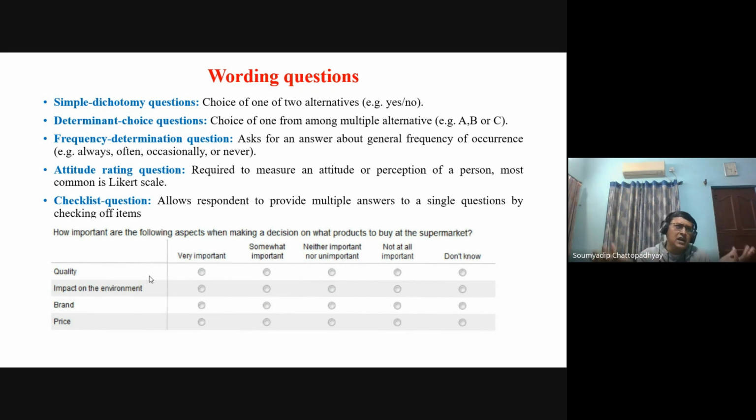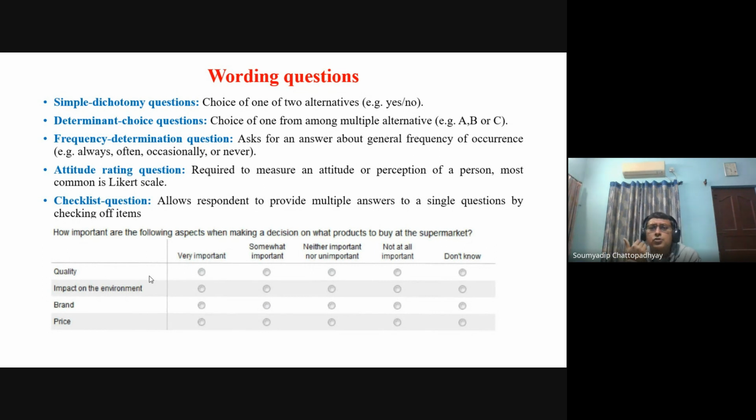Now this is again very much important for the responsiveness of the elected representatives in our democracy. Suppose as a researcher you are interested to examine whether the elected representative in your constituency is responsive enough or not.